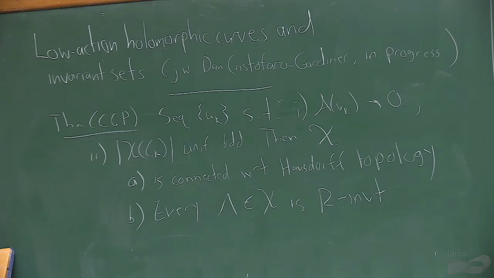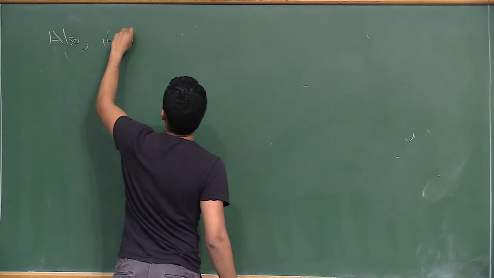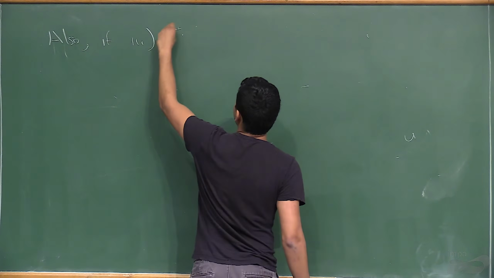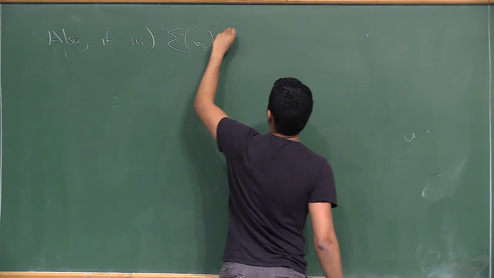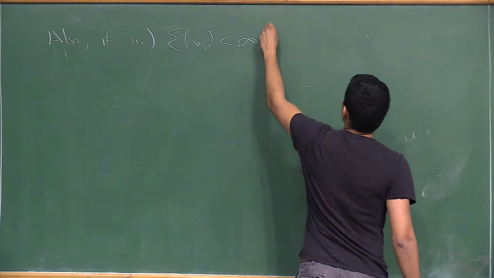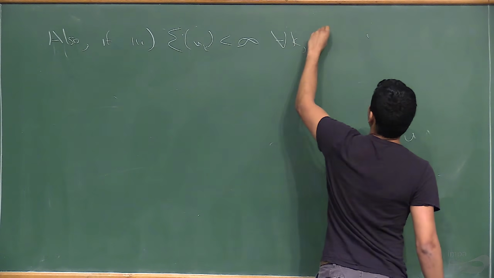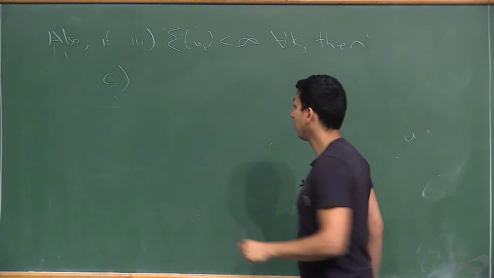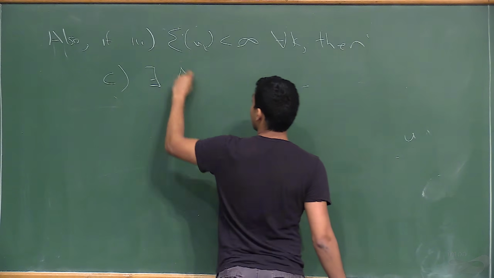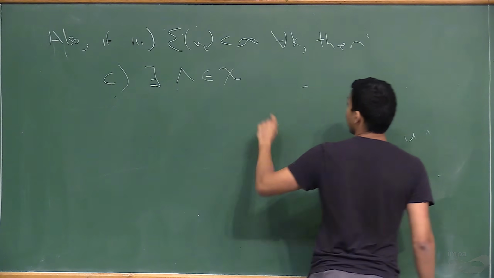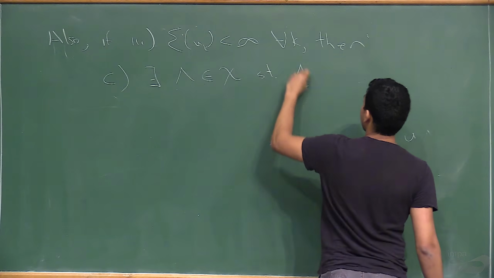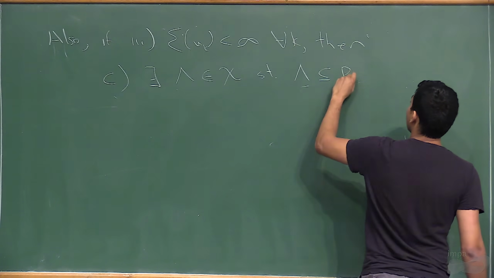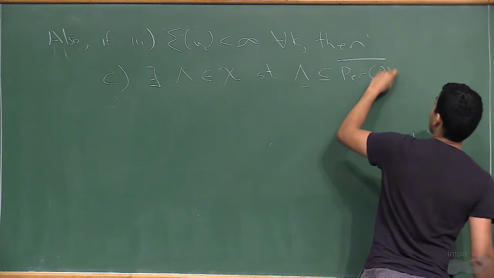Which is that, if we assume that each of these U sub k have finite Hofer energy, then we can show that C, there exists some set lambda in the limit set such that lambda lies inside the closure of the set of periodic orbits.